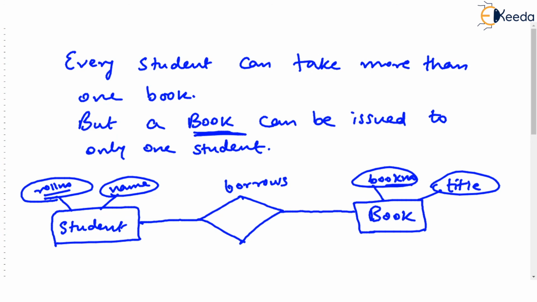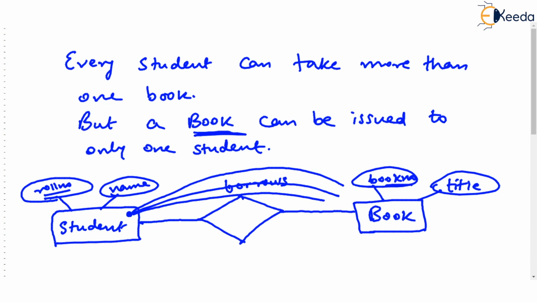Okay. Now think of it very quickly. If you ask a particular student how many books you have borrowed, the student will say, I have borrowed this book, I have borrowed that book, I have borrowed many books. Because a student can borrow more than one book. That means book will be on the n side. Okay.